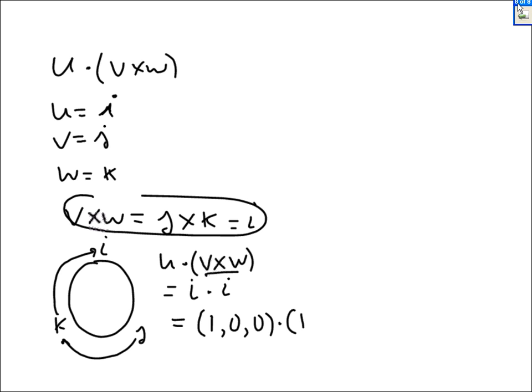Dotted with 1 i, 0 j's, 0 k's. Multiply the first components, get 1. Add on 0 times 0, which is 0. Add on 0 times 0, which is 0. Answer is 1.